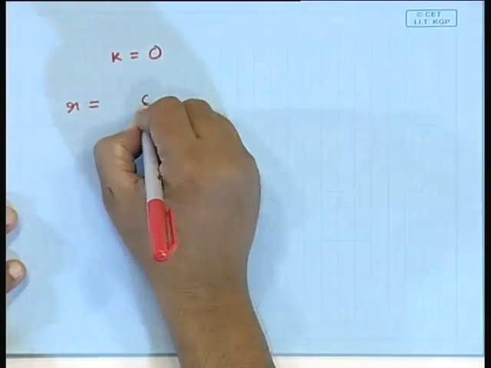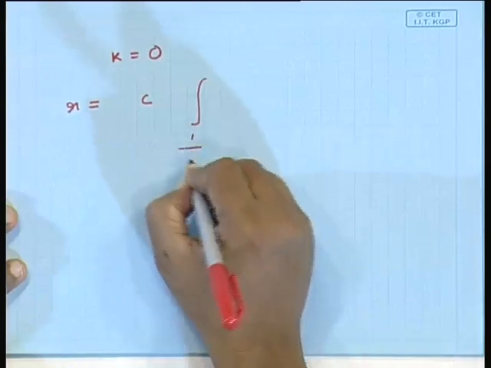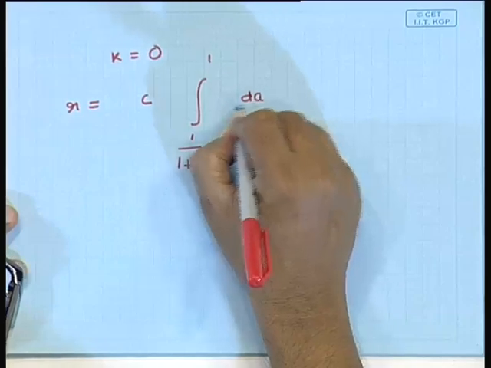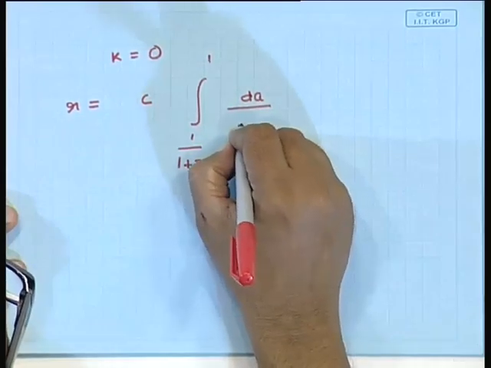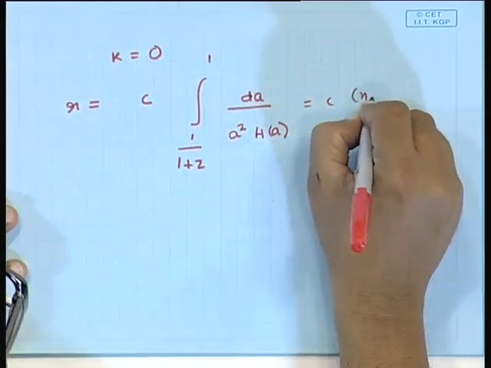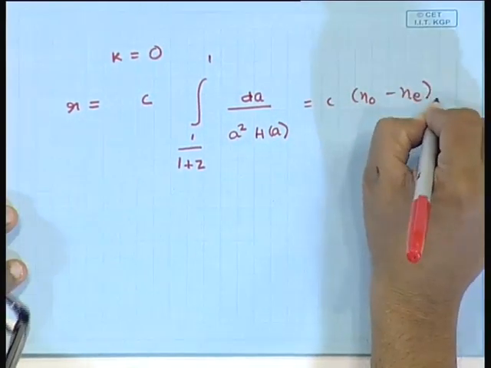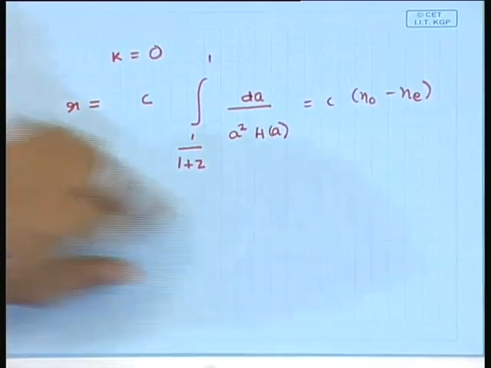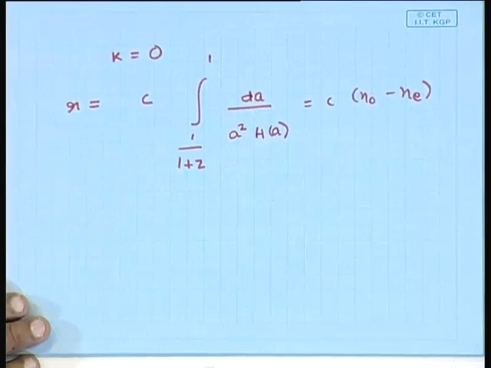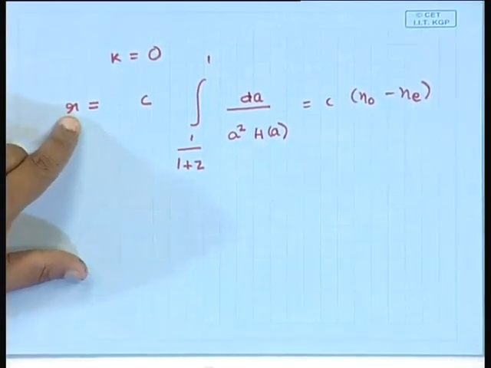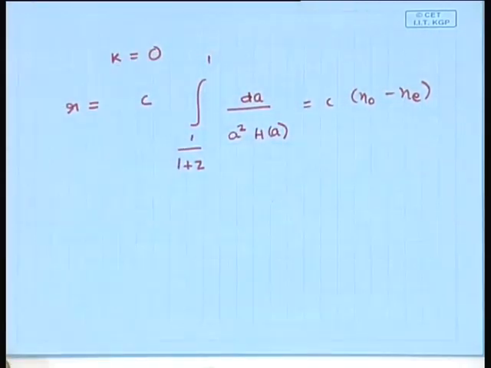So, what we have is r is equal to c times the integral from 1 by 1 plus z to 1 of dA by A squared H(A), which is also equal to c times eta observed minus eta emitted, the difference in the conformal times. Okay. So, in this particular cosmological model, which is spatially flat, k equal to 0, calculating this coordinate distance r is simple, it is given by this expression.